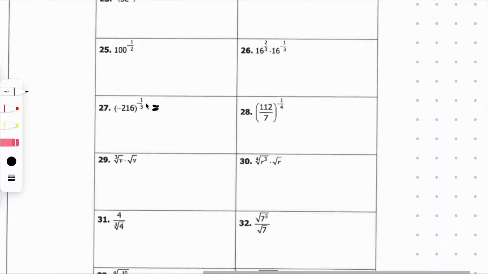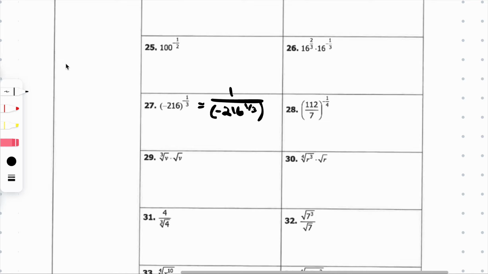Since we have a negative exponent, I can rewrite this as 1 over negative 216 to the 1/3 power. Because when we have a negative exponent, a to the negative nth power is equal to 1 over a to the nth power.